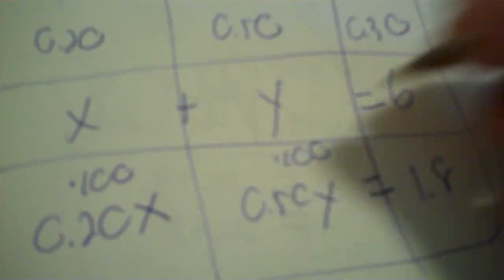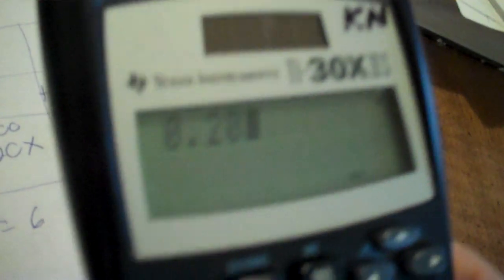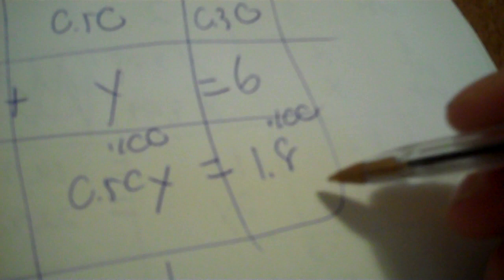You got x plus y equals 6, and then 0.20x. Or no, excuse me, we are multiplying this by 100, so I don't have to deal with those decimals. So 0.20 times 100 is 20, that'll be 20x. This will give you 50y. And 100 times 1.8 is 180.